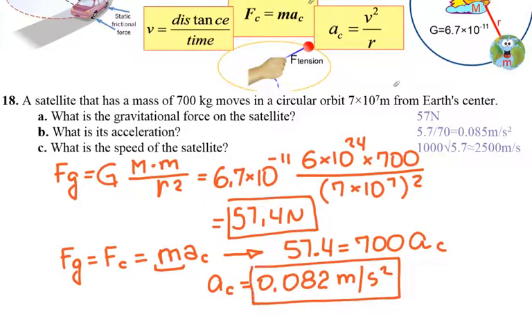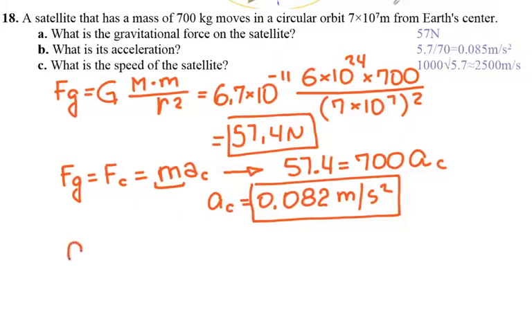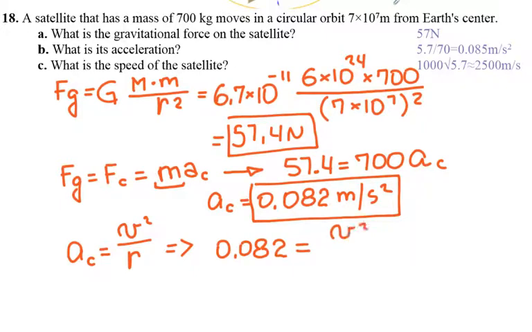The next question asks, what is the speed of the satellite? I know that centripetal acceleration is equal to v squared over r, and r is the distance between the two objects. So 0.082 is equal to v squared over the distance between them, 7×10^7.